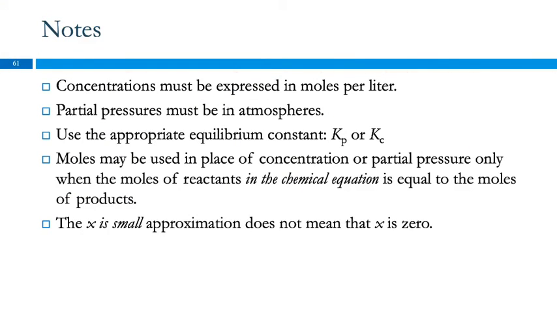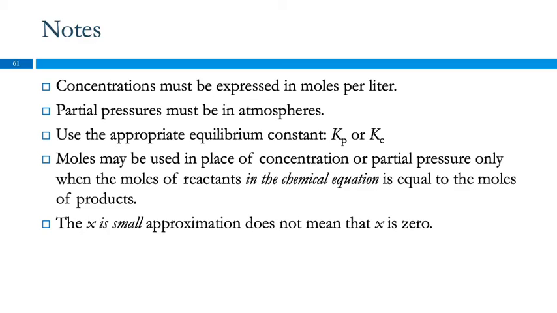So some notes. Concentrations must be expressed in moles per liter. Partial pressures must be in atmospheres. You need to use the appropriate equilibrium constant, Kp or Kc. Moles may be used in place of concentration or partial pressure only when the moles of reactants in the chemical equation is equal to the moles of products.